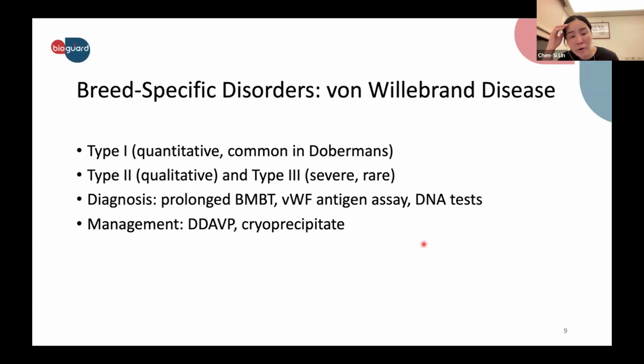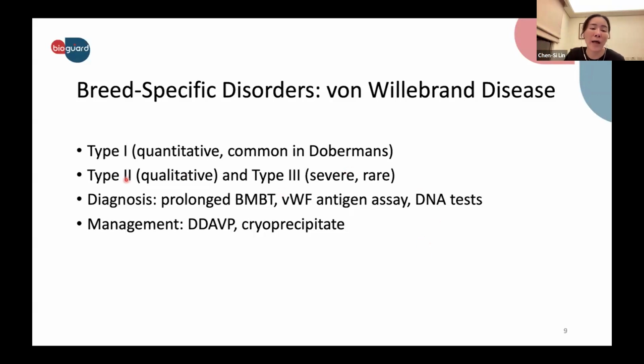There are basically three types of von Willebrand disease. We can start from the pathogenesis.